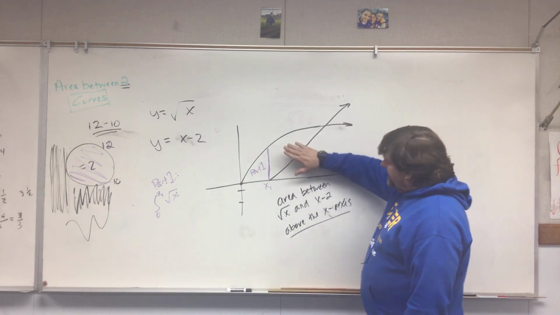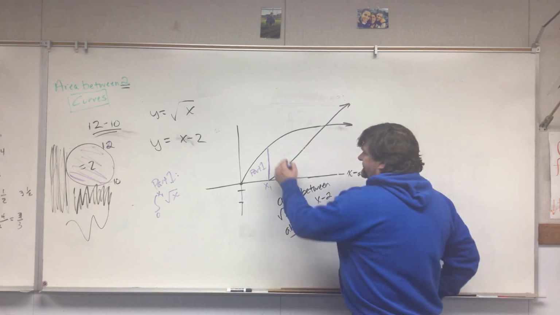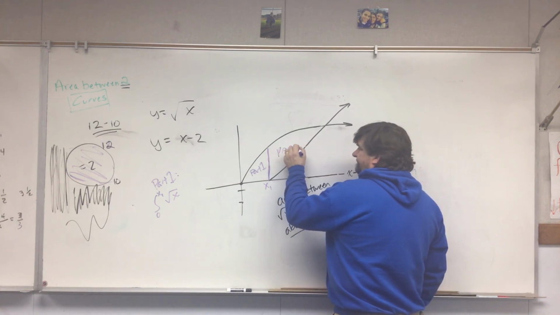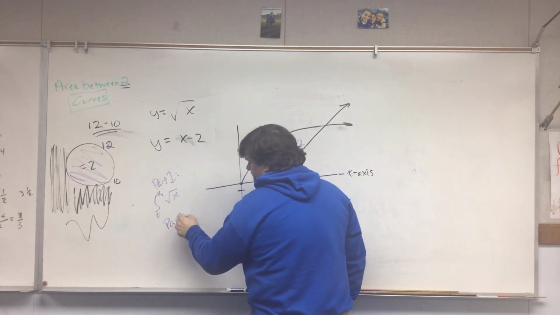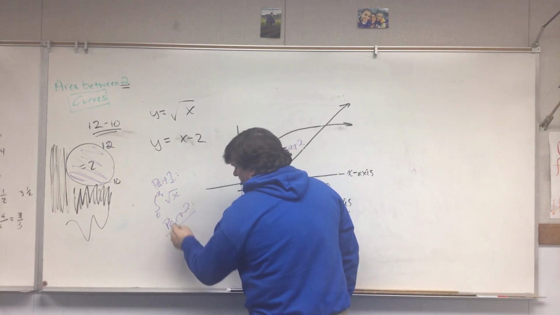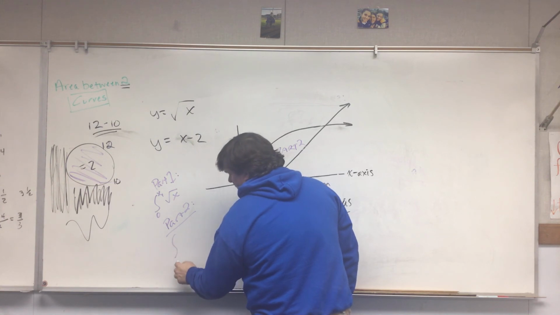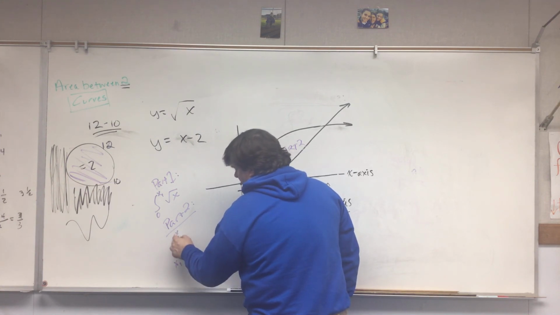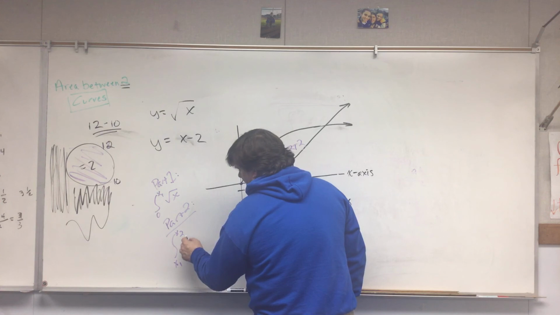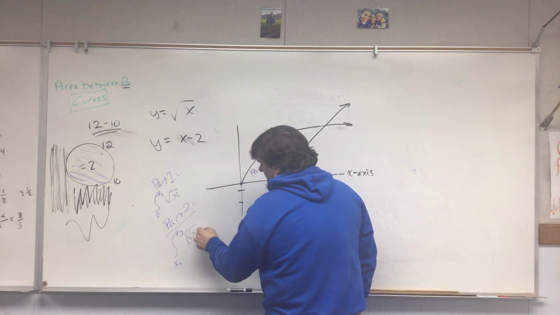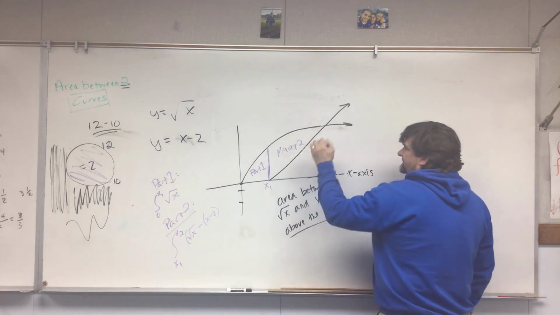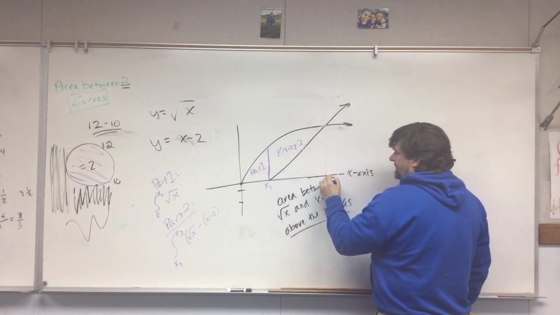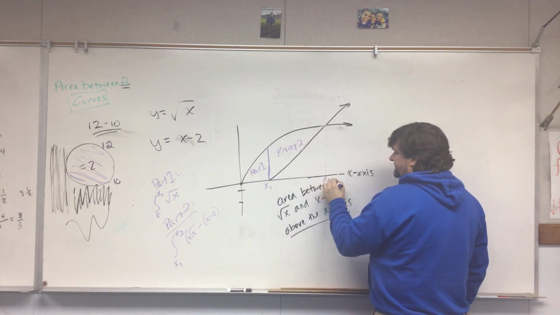And then the area here, which is part 2, is going to be the area from x1 to x2 of the upper minus the lower. Upper minus the lower. And this value here is x2.